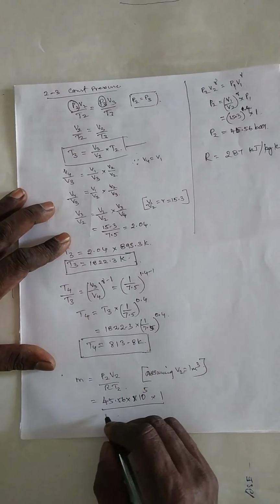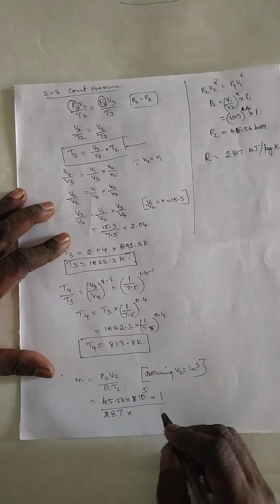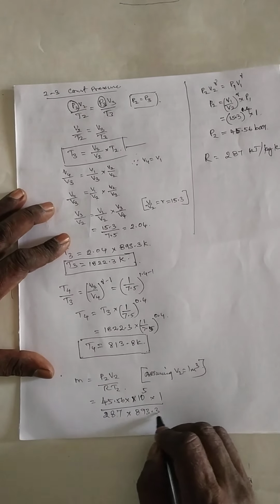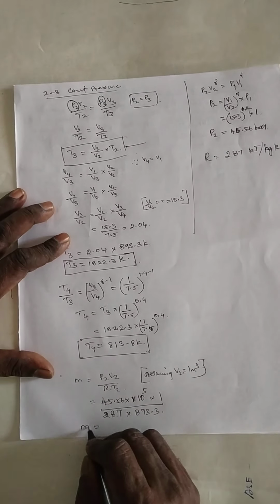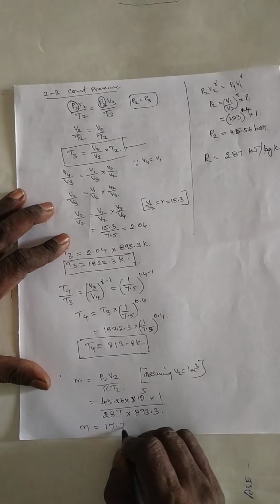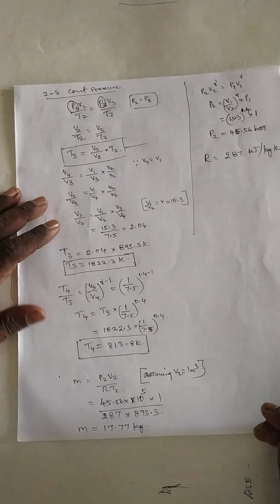Substitute that value here into T2 is 893.3. So M, if we calculate these values, we will get M as 17.77 kg.